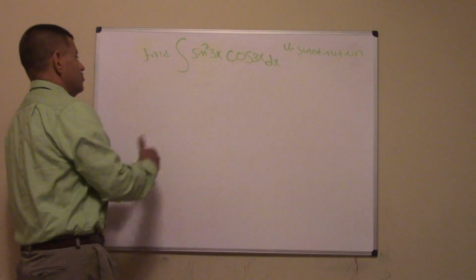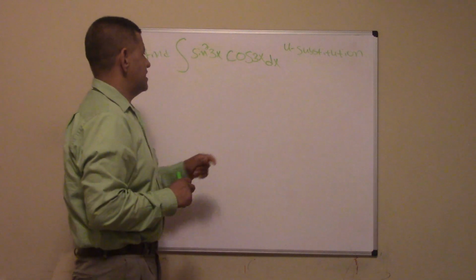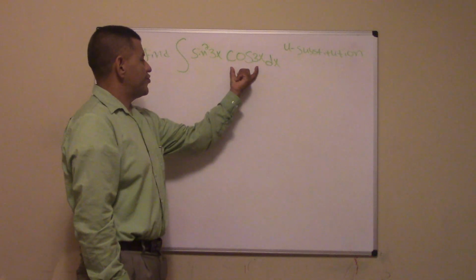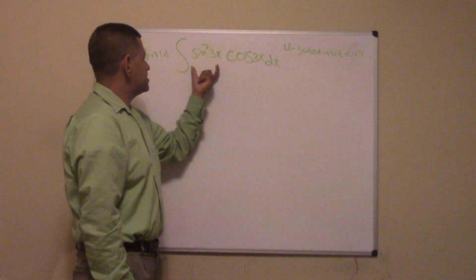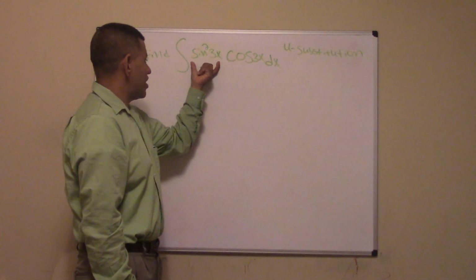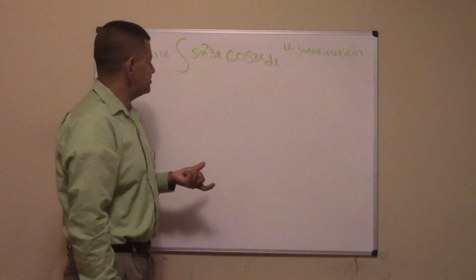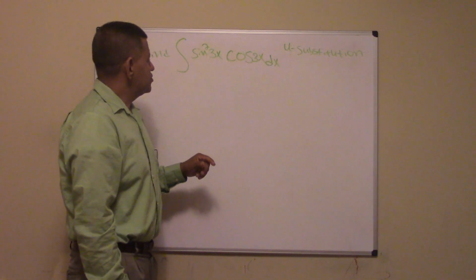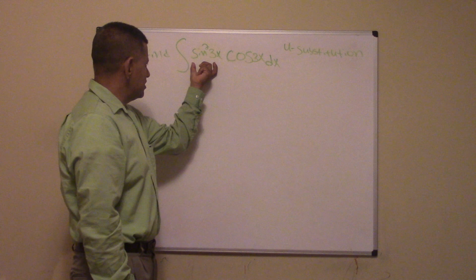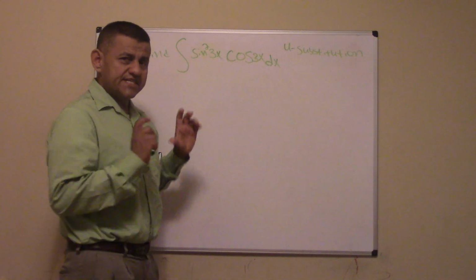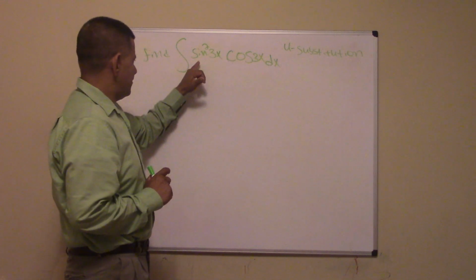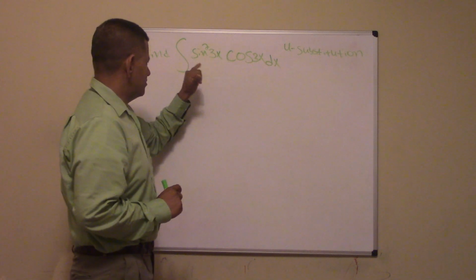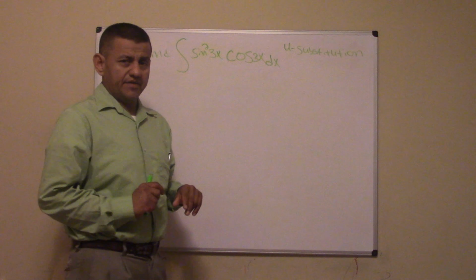Okay, so let's analyze the problem. We see cosine 3x and we see sine squared 3x. Okay, this is more complicated. So therefore, we let u equal one of the sines from this, because in order to get this, two sines will be multiplied, right?